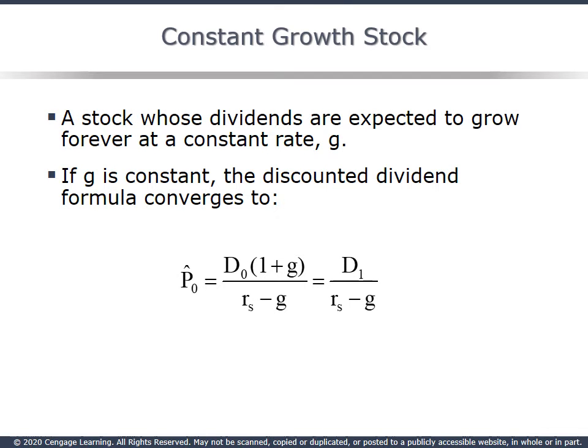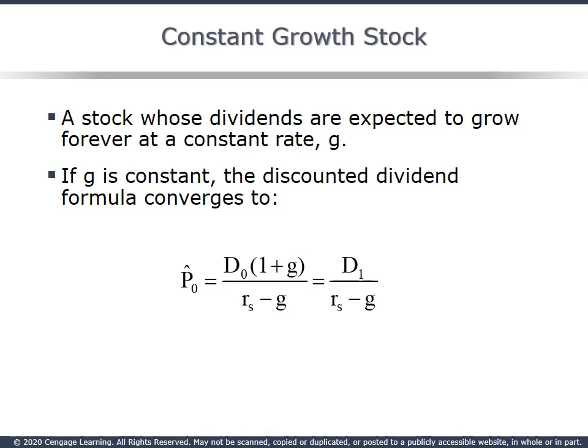Picking up where we left off, we are going to use the discounted dividend model to find the current price of common stock. Well, there's a special case of this discounted dividend model that we are going to analyze.